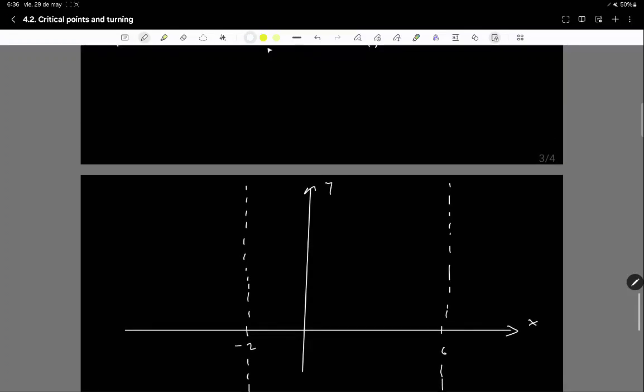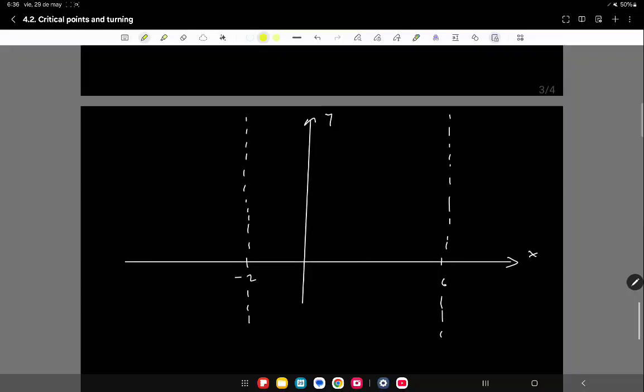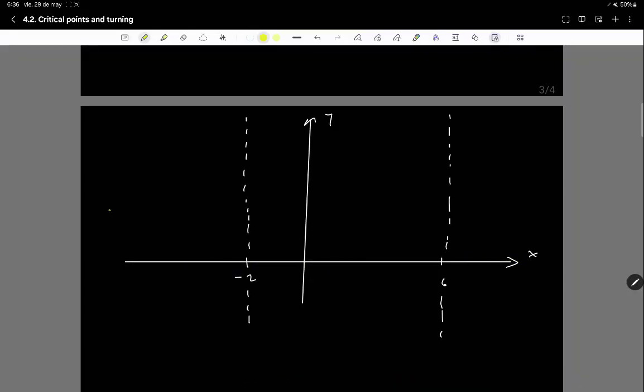And then you're gonna select over the x-axis any point on this section, any point on this section, and any point on this section, or intervals, right? From -infinity to -2, you're gonna select any point. Then from -2 to 6, another point, and from 6 to infinity, another point. Which points? Whichever you want, it doesn't matter.